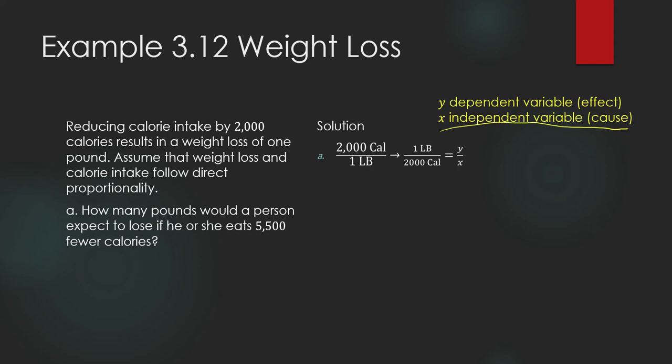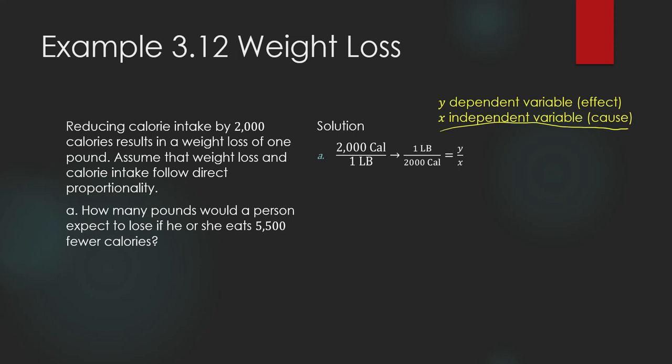Okay, so you have these two things which we call the dependent variable and the independent variable. The independent variable is the thing that causes another, and the dependent variable is the effect of the cause. So in this case, I have the feeling that some of you will be confused about how to write this. How do you write this as a rate? This is a rate because we are comparing two quantities of two different things.